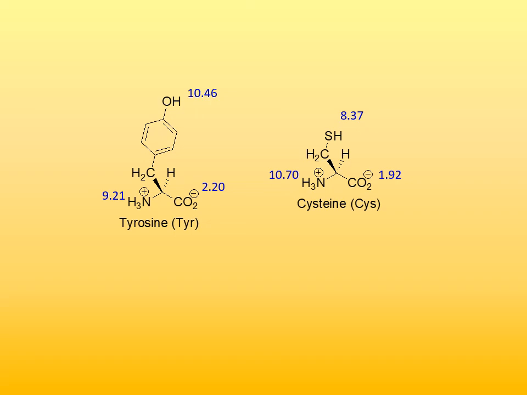These are the 2 most common examples, although all of the amino acids that have alcohol functionalities in theory also have a 3rd pKa value. So you can see that tyrosine has a phenol group, and that phenol group could be deprotonated, so its pKa value is 10.46. And cysteine has a thiol group or mercapto group, and its pKa value is 8.37.